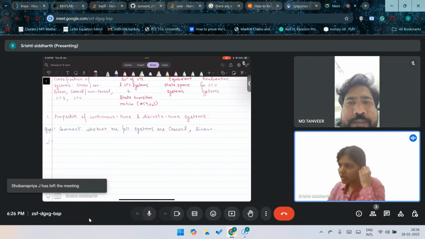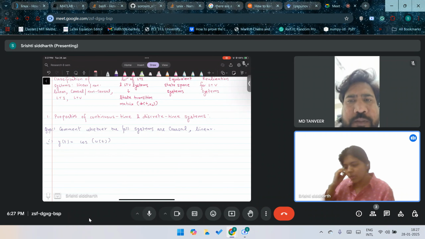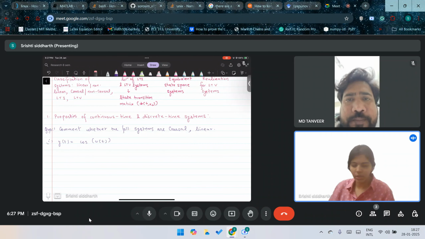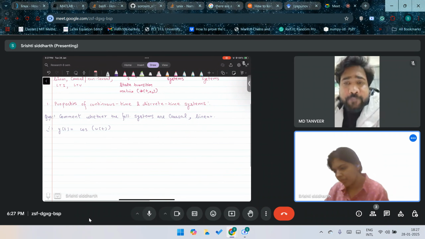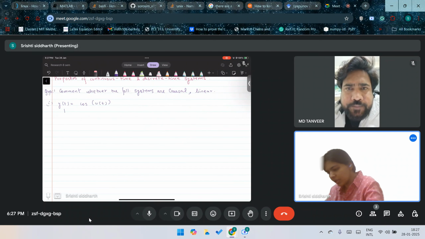The first one is y(t) equals cosine of u(t). So u is the input here to the system and the output is cosine of the input. The property of causality is simple. The output just depends on the current input at time t. So the system is causal.